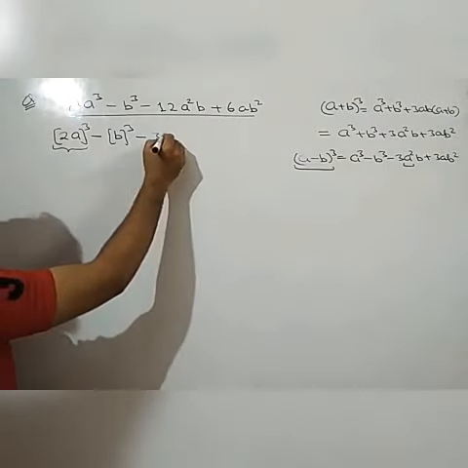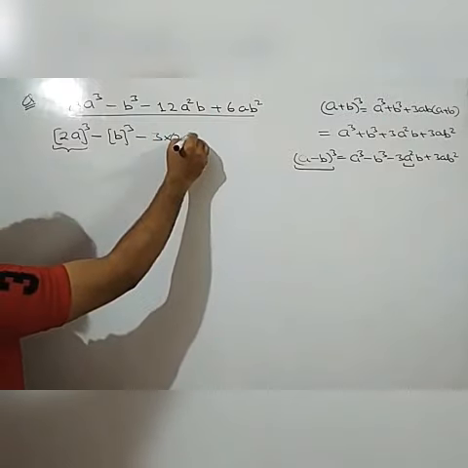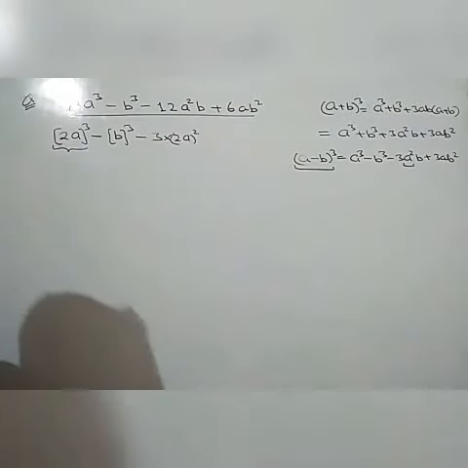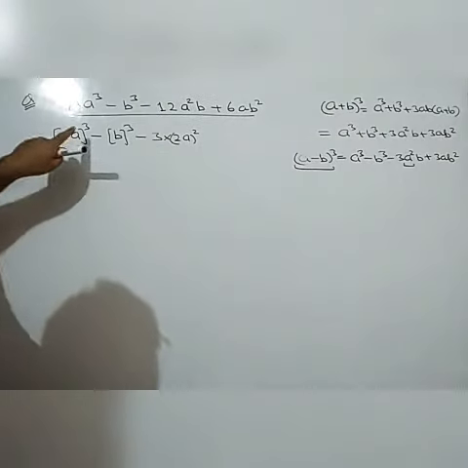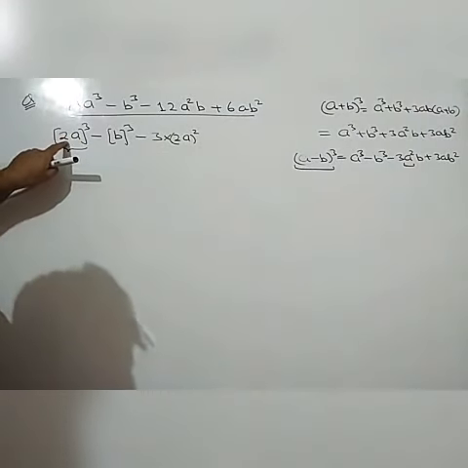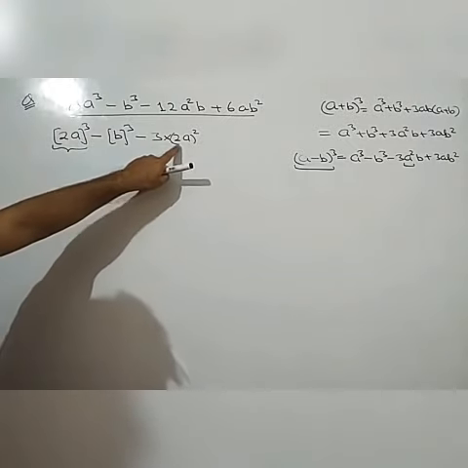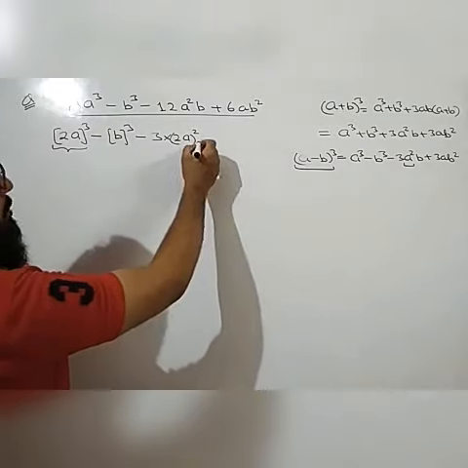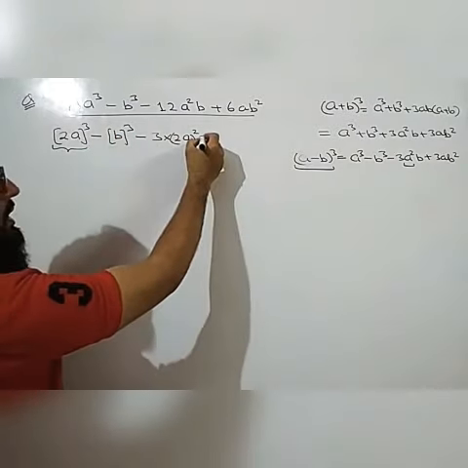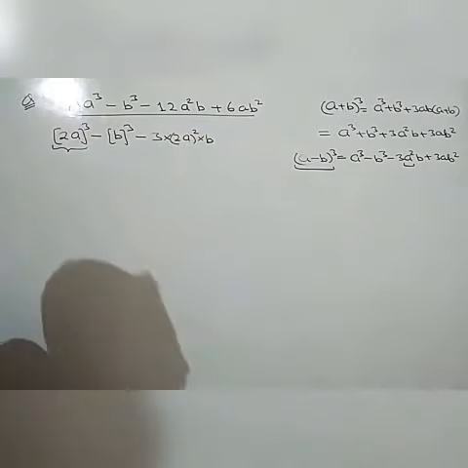So, we will write it as 3 into 2a whole square, because it is a square. At the place of a, we write 2a whole square into b. And what is b? b is itself b. So, we will write it as b only.